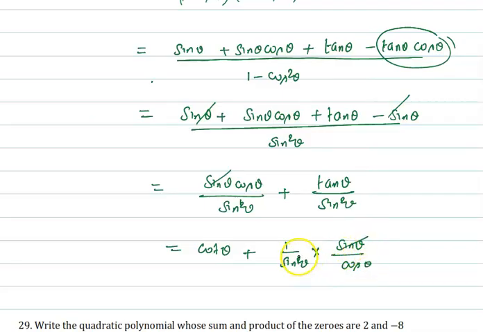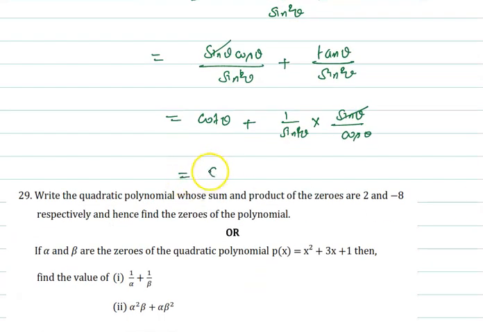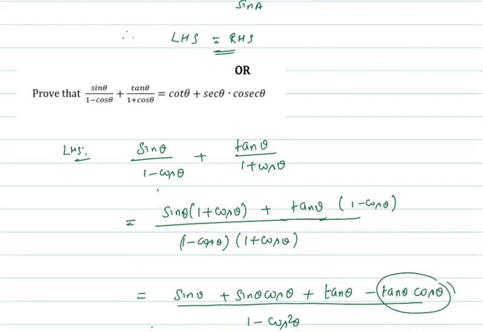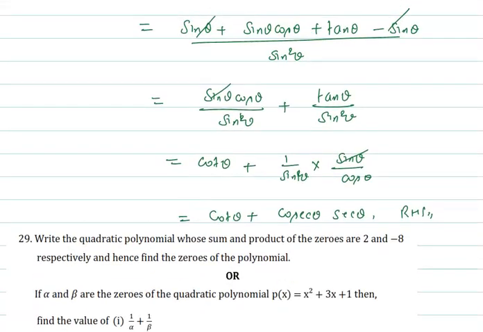One sin theta again gets cancelled, leaving 1 by sin theta. 1 by sin theta can be written as cosecant theta, and 1 by cos theta can be written as secant theta. I hope this is the required RHS: cot theta plus secant theta cosecant theta. So that is the required RHS.